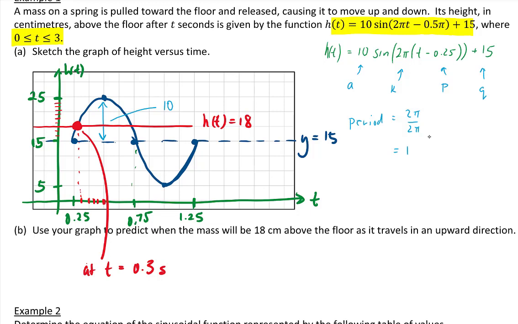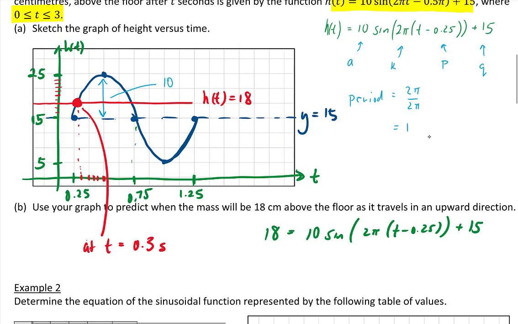Eventually we're going to be able to solve this equation. For example, I can sub 18 into my equation, which is 10 sine of 2 pi times (t minus 0.25) plus 15. And then we would rearrange, isolate for t, and determine the exact value.